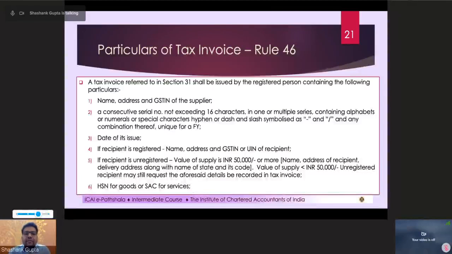Then the HSN, which is the Harmonized System of Nomenclature, HSN code for goods, and if these are services, then the SAC code.